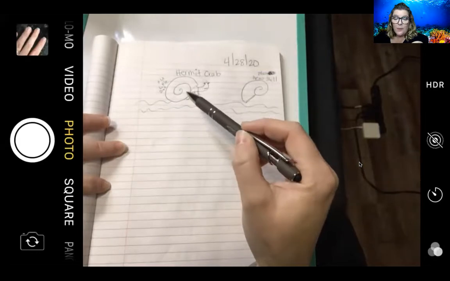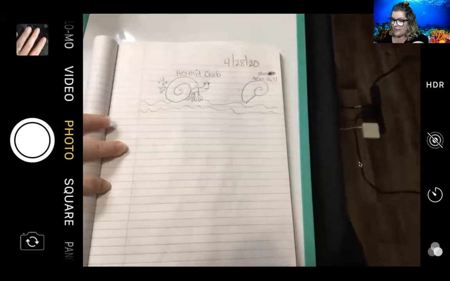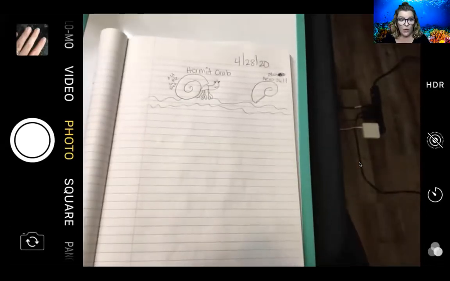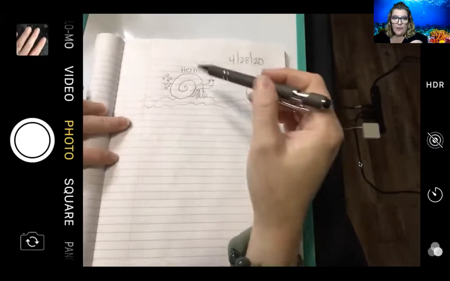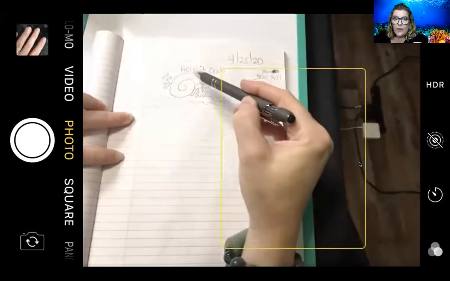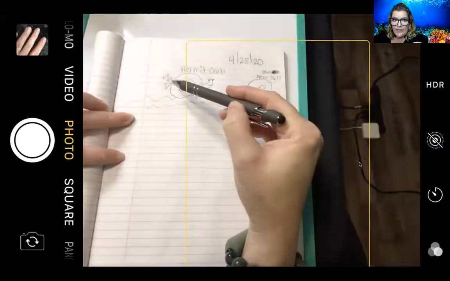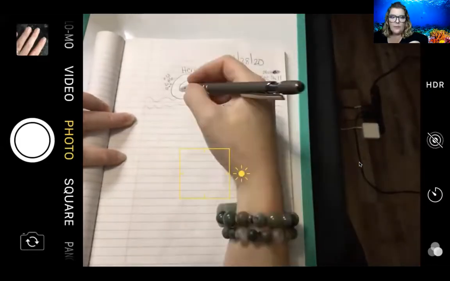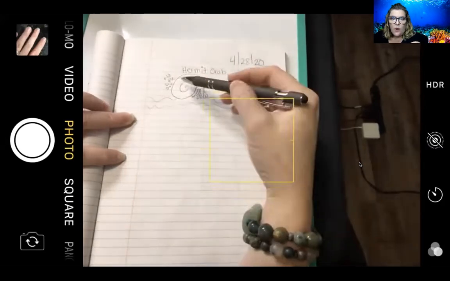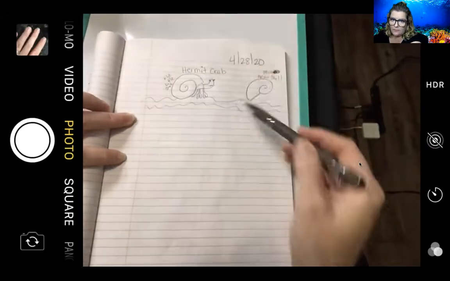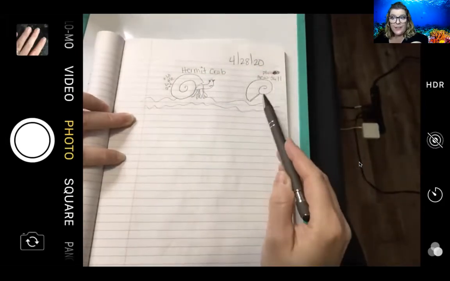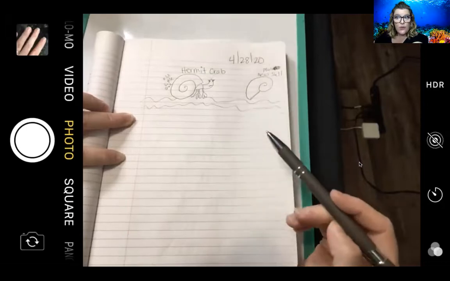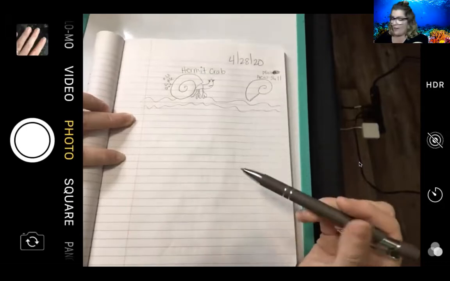The book that I have been reading is by Eric Carle, and it's called A House for Hermit Crab. This is the old little shell, and this is the plain new shell that he finds for his new home.